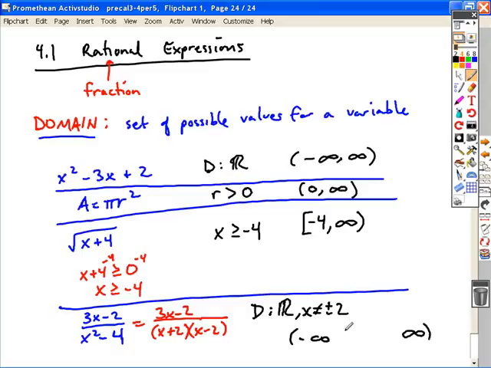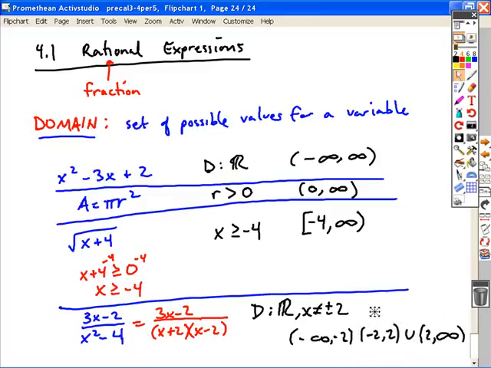So when we look at these, what we have is from negative infinity to negative 2. Now we have to go from negative 2 to 2. Let me leave some more room here. And we also have to go from 2 to infinity.